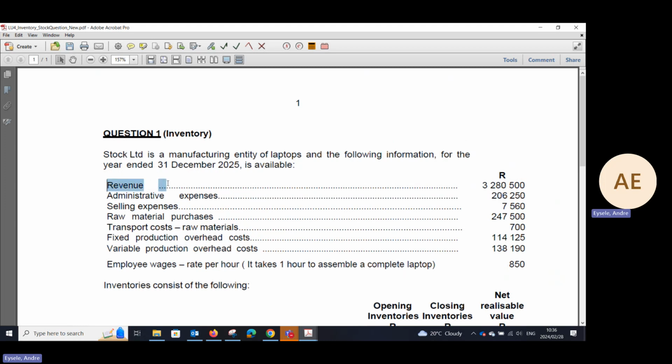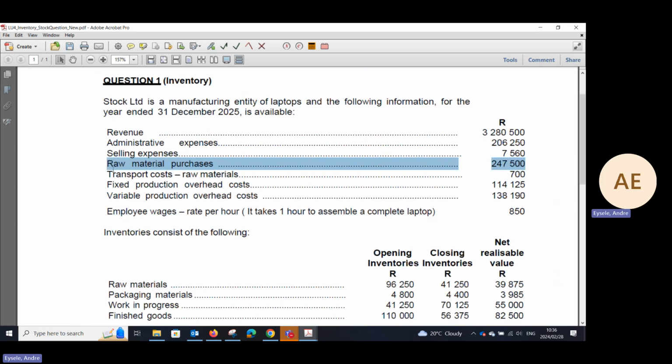Revenue is the amount that you've sold your laptops for. Then you've got your administrative expenses, then your selling expenses, and the raw materials that you've purchased during the year. You've got transport costs of raw materials to bring it to its current location and condition. Then the actual fixed production overhead cost for the year is 114,000. Then your variable production overhead cost is 138,190. Then they've given you employees' wages.